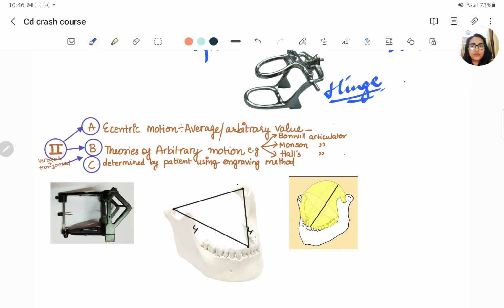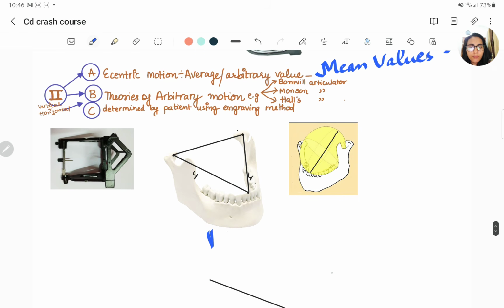So eccentric motion, A, is based on average or arbitrary value. In that we have the mean value articulator, in which we take mean values and have made this articulator. Theories of arbitrary motion, we have three theories. Bonwill articulator is based on the Bonwill theory.